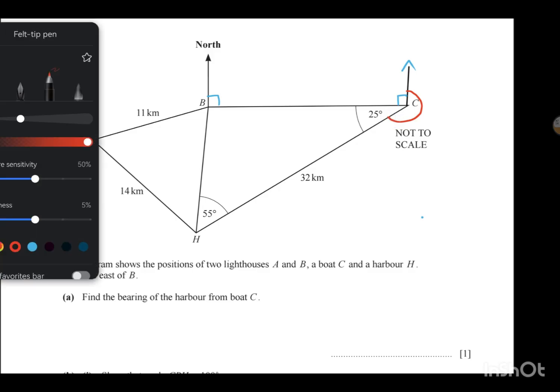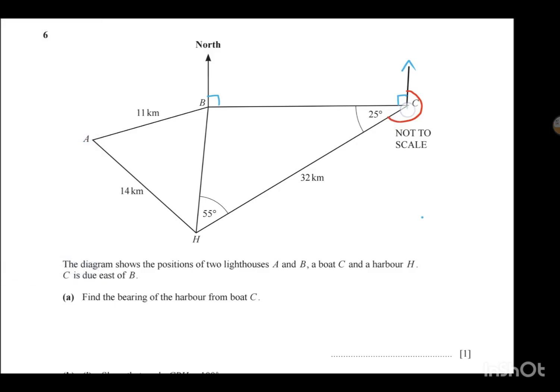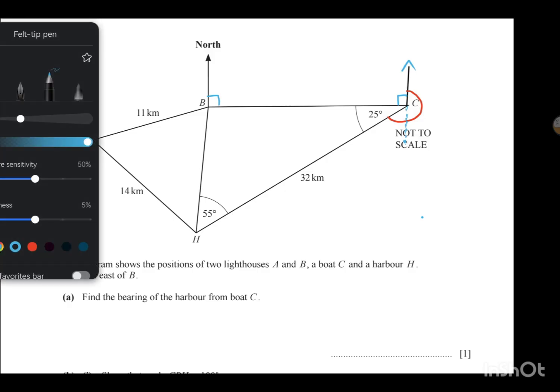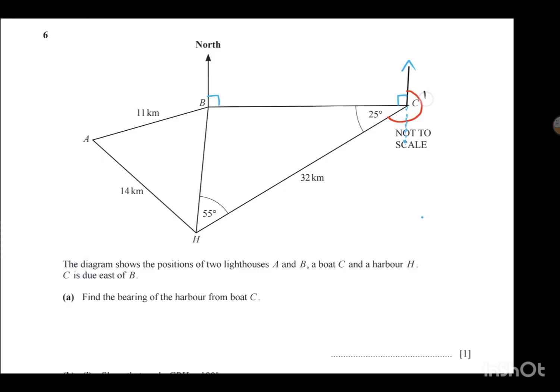Now if I extend this north line downwards, this complete angle is 180 degrees. It's a straight angle.